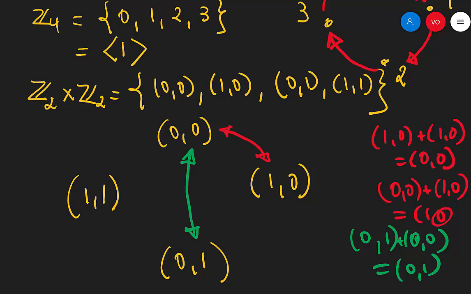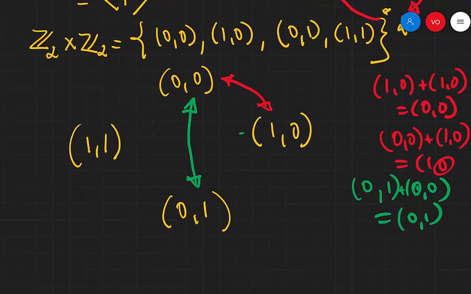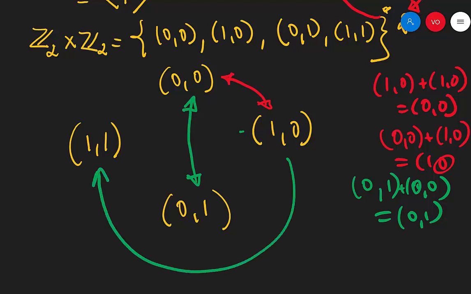Now what happens if we add 0,1 to this element? We get this. And if we add 0,1 again, if we take 1,1 plus 0,1, we get 1,0.